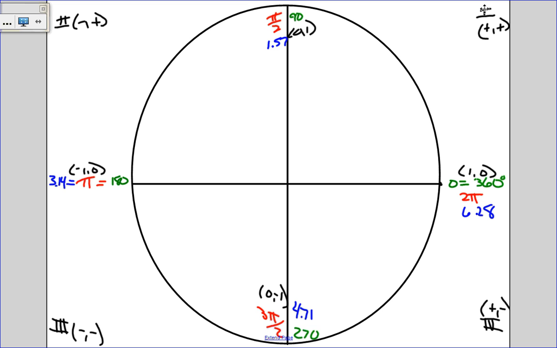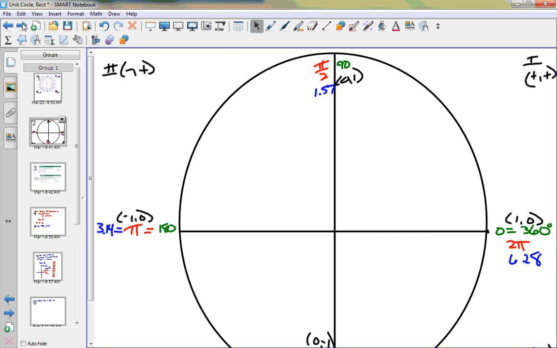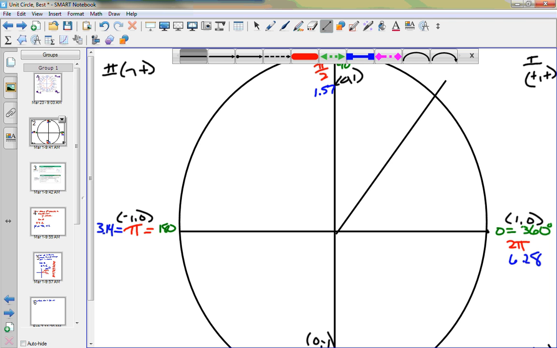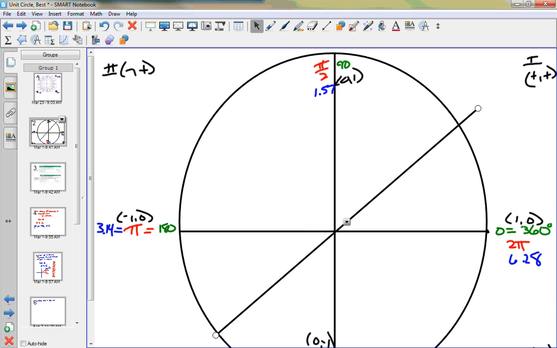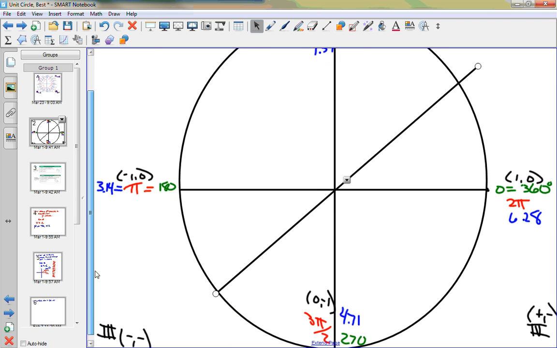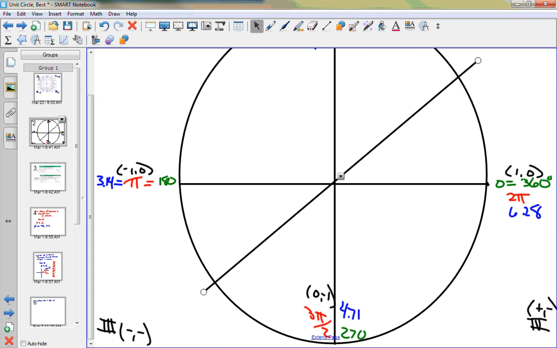Okay, well now let's talk about this. Let's say I wanted to cut this in half. Which one is that? Does that look like it's cut in half there? Is that 45?